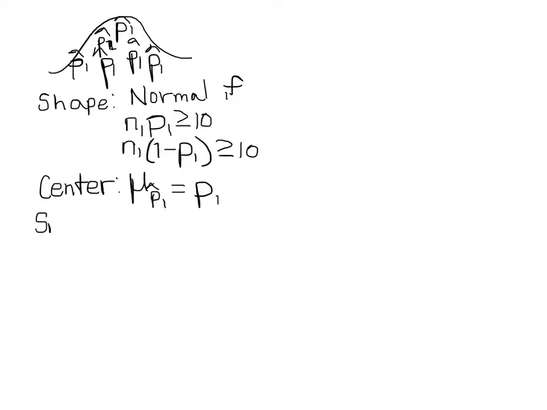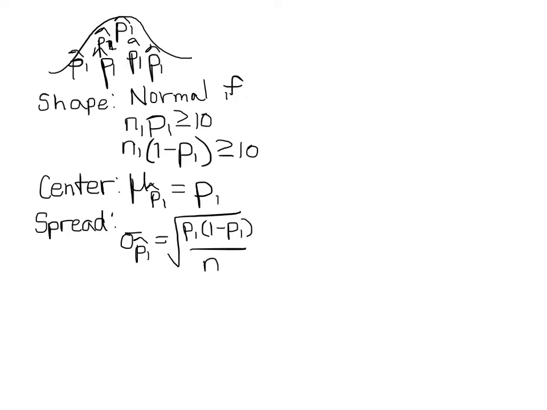And then for spread, our standard deviation of p hat from this first population would be the square root of P sub 1 times 1 minus P sub 1 over n sub 1. Okay, remember that this has a condition that has to be met. The 10% condition must apply for me to be able to talk about the standard deviation of the sampling distribution, meaning my sample size can be no more than 10% of my population.